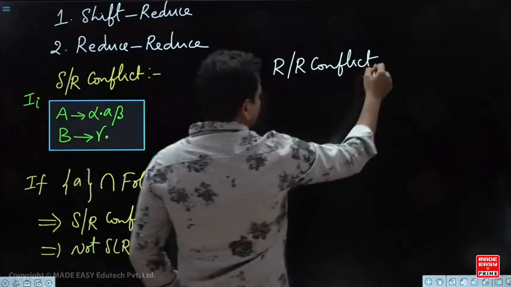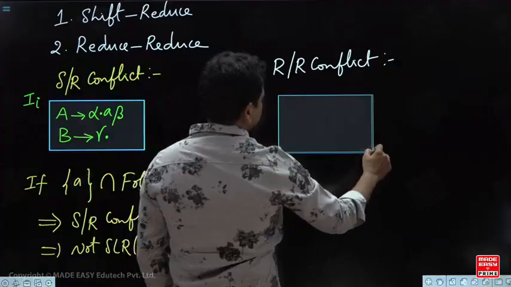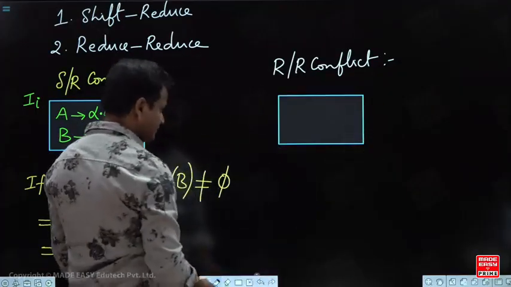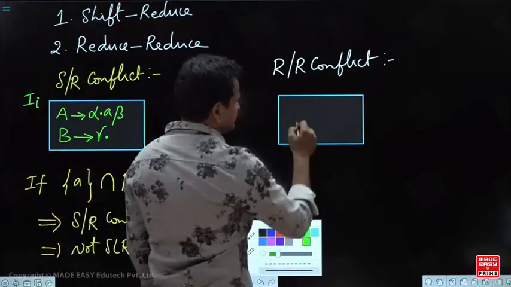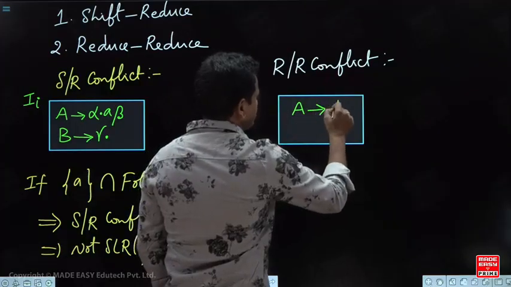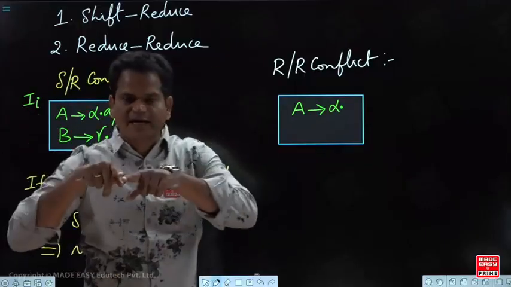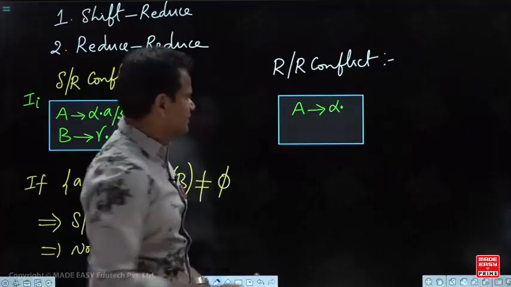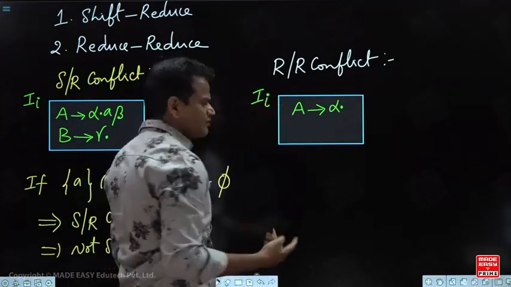Okay. Look at this, guys. Suppose there is a state in which there is a production having the dot at the end. There is one state, and in that state there is a production in which the dot is the end. Simply final item. So let the name of the state be I, like I1, I2, I3.